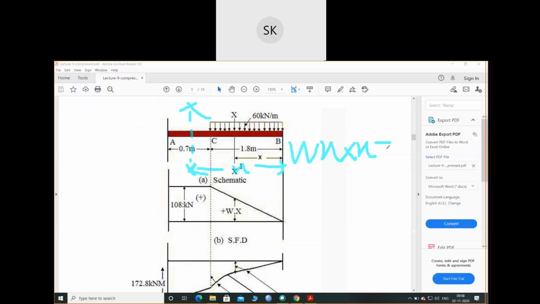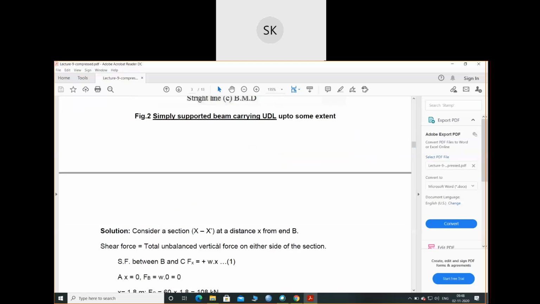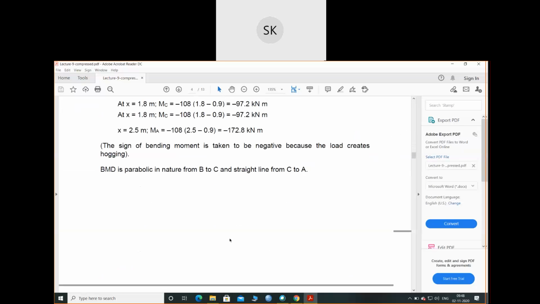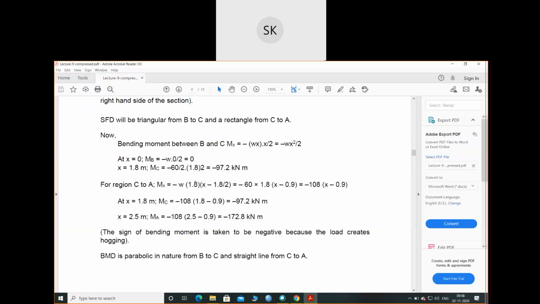The equation will be W into X into (X minus 1.8) by 2. So this will be my bending moment equation from region C to A.